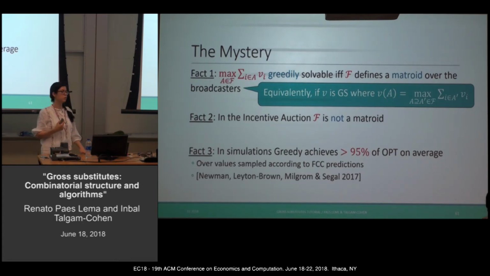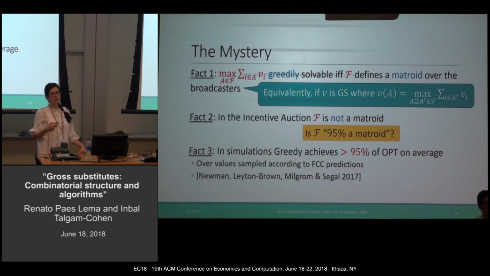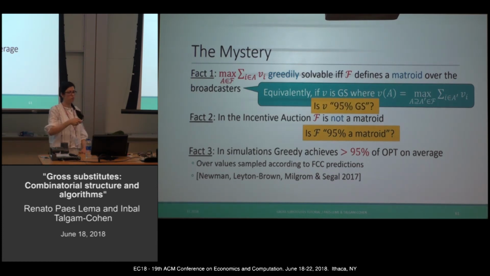So this is really weird. We have something that's not a matroid, but greedy works really, really well. The question it raises is, do we have some way of saying that these feasibility constraints are 95% a matroid, or that this valuation is 95% a gross substitutes valuation?